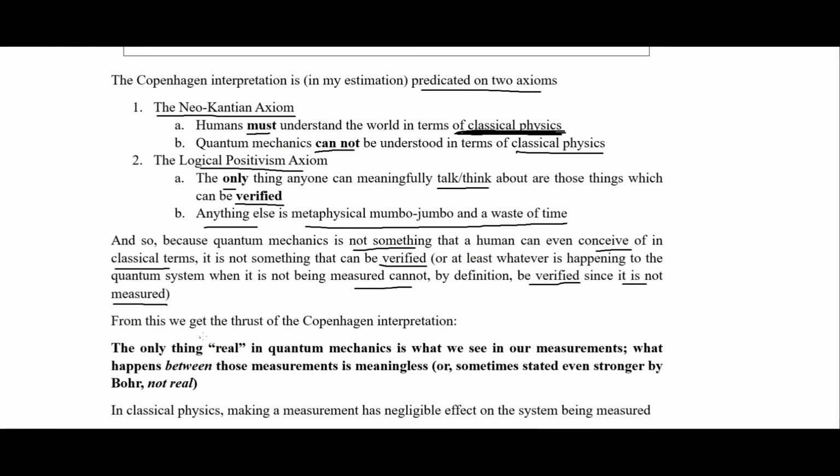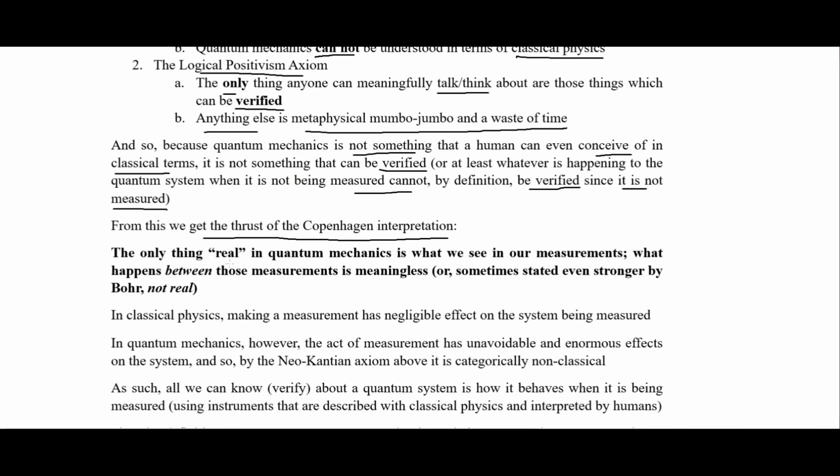From this, we get what I think is the main thrust of the Copenhagen interpretation, and that is that the only thing real in quantum mechanics is what we see in our measurements. What happens between those measurements is meaningless, or Bohr even goes so far as to say that it's not real.